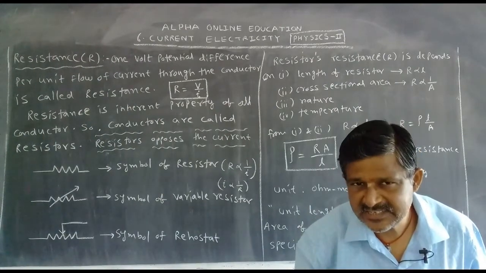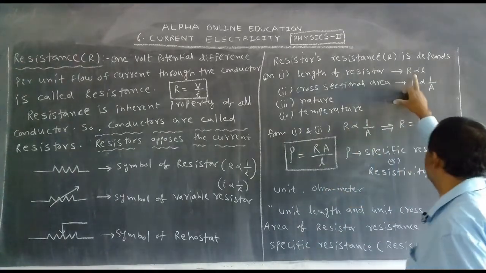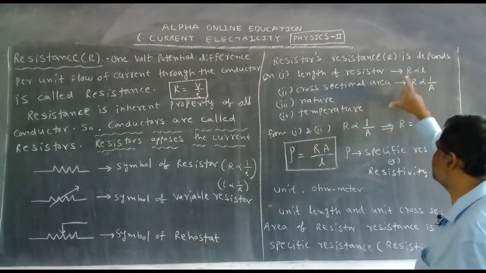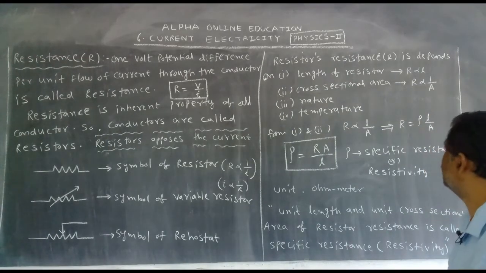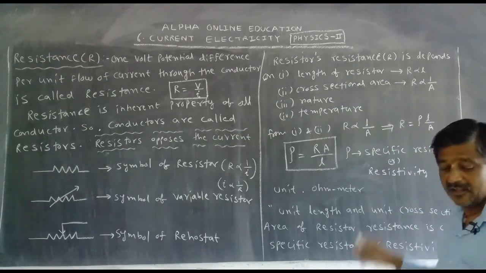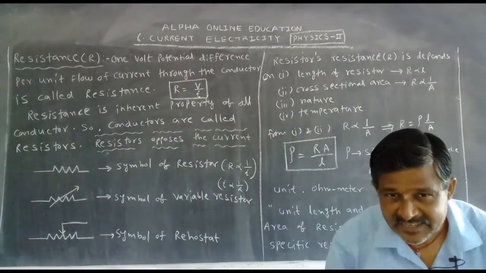So which relation is there? Proportional relation is there. That's why R proportional to L. The next one, the resistance is inversely proportional to cross sectional area. Cross sectional area increases, resistance decreases.